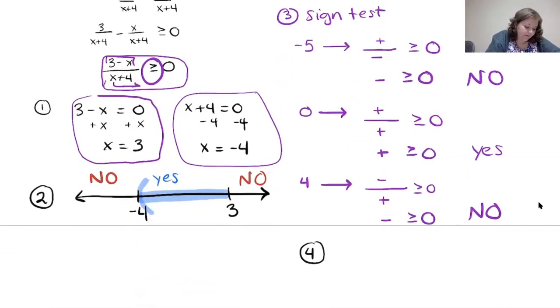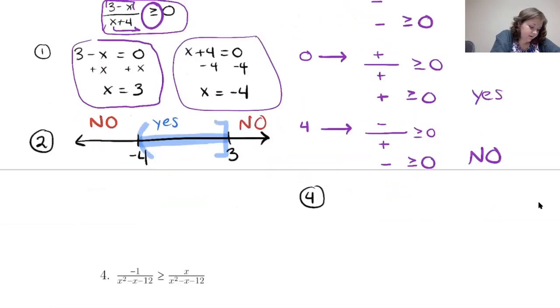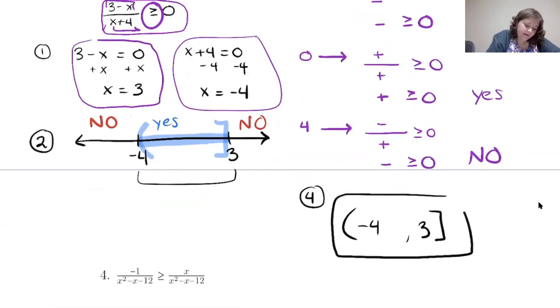So it gets a bracket. If it was a strict inequality like this and it didn't have that little part down there, then you would use a parentheses there. So now we write this interval as -4 to 3, where -4 gets a parentheses and 3 gets a bracket. And that is our final answer.